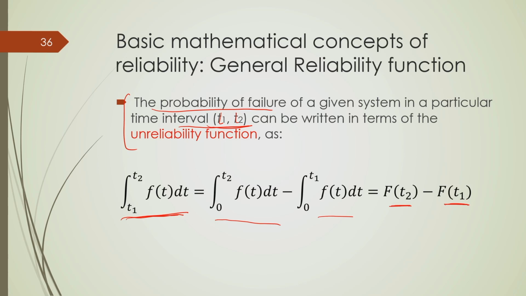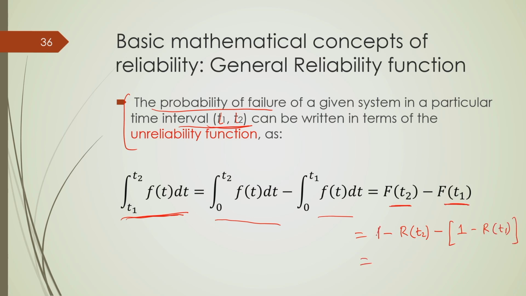And we can alternatively represent this probability of failure of any given system by using the reliability function, because F(t2) is basically equal to 1 minus R(t2), and F(t1) is represented as 1 minus R(t1). Okay.